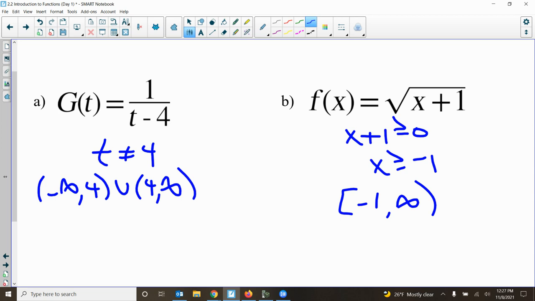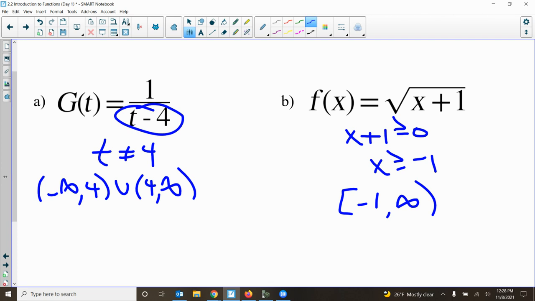Okay. So watch out for domain questions. If they give you a fraction, you have to make sure the denominator isn't 0. If they give you a square root, you have to make sure whatever's under the square root is greater than or equal to 0. Those are the two main things. You can't divide by 0, right? So if t minus 4 were more complicated, just set that equal to 0 and figure out what values make the denominator 0.